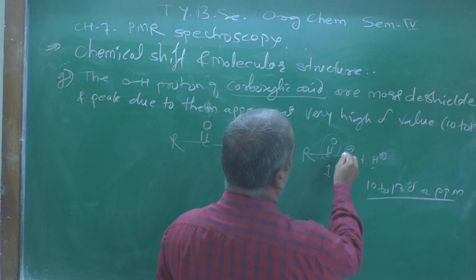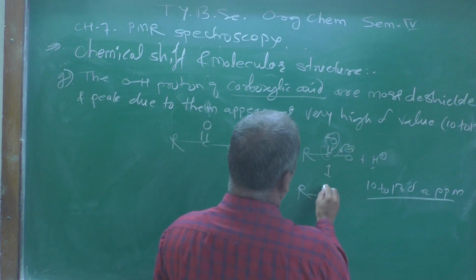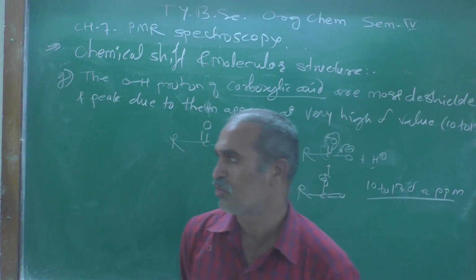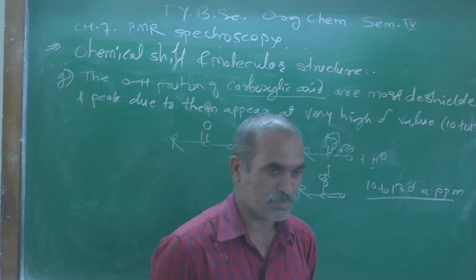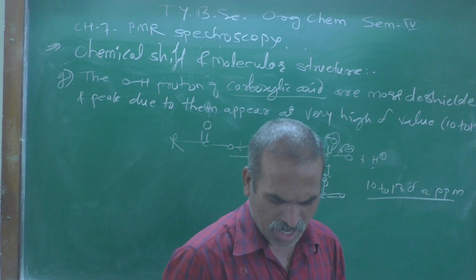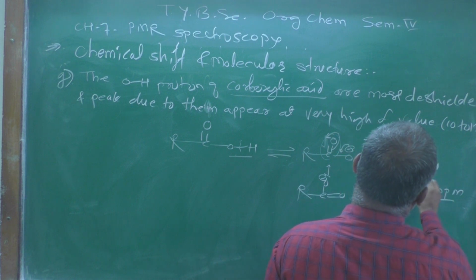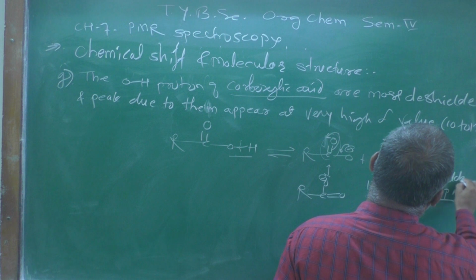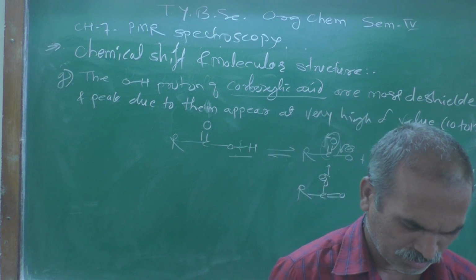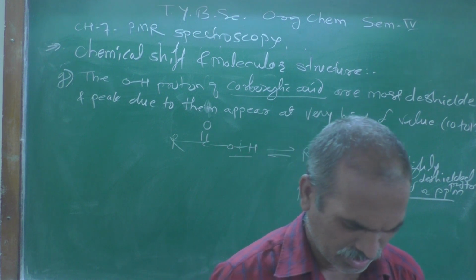It gets stabilized by resonance like this, and we can write RCO minus double bond O. That type of resonance stabilization occurs there, and there is less possibility of recombination of that proton after dissociation, and therefore it is a highly de-shielded proton.